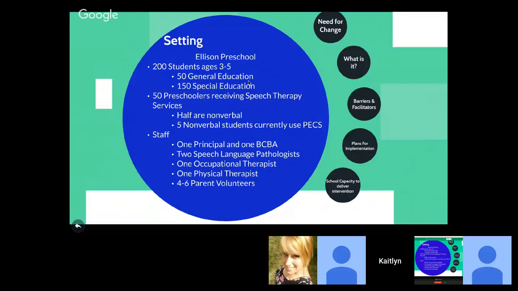And 5 of those nonverbal students are currently already using PECs. The staff at the preschool include one principal and one BCBA, 2 speech language pathologists, 1 occupational therapist, 1 physical therapist, and 4 to 6 parent volunteers.